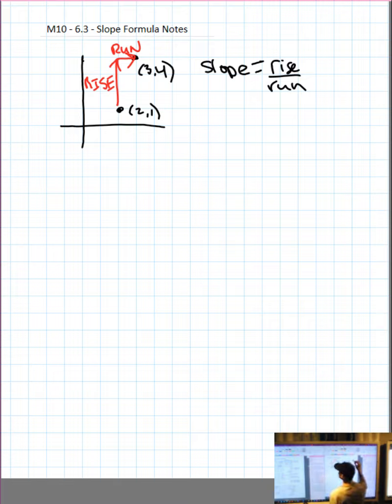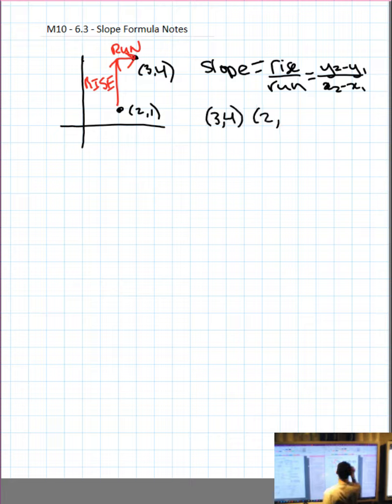So the formula is y2 minus y1, not squared, over x2 minus x1. These are subscripts. These are down below. So that's the formula. So I'm going to be a big nerd and write all my stuff off to the right. (3, 4) and (2, 1). I'm going to label the first point x1, comma, y1.